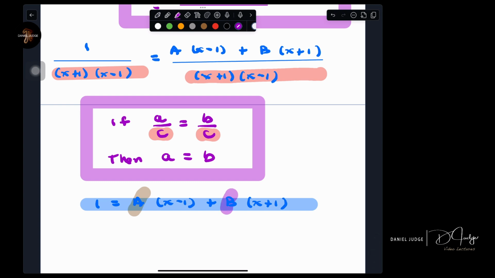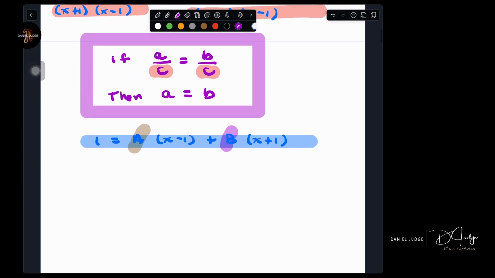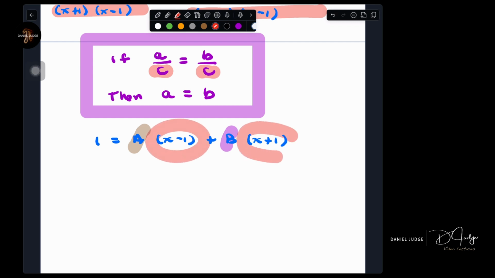Now there's various ways to find the constants A and B. There's not just one way, but there's various ways we can approach this. But the simplest situation is to focus on the linear factors, x minus 1 and x plus 1. We're going to use a value of x that makes one of those linear factors 0.